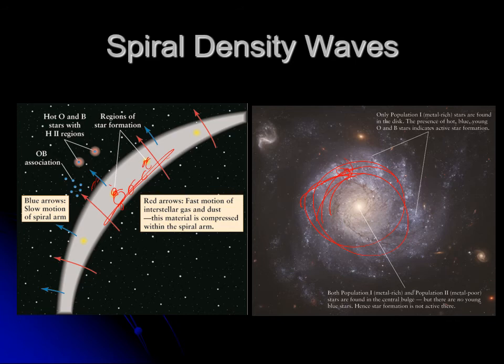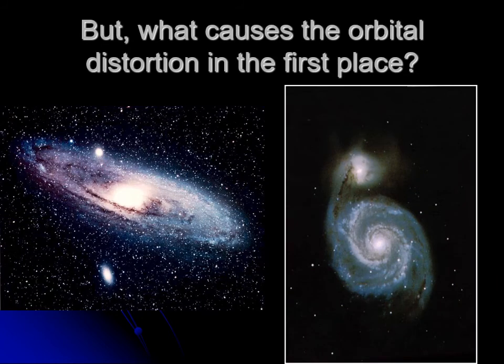In fact, the differential rotation is kind of what makes the spiral arms in the first place, is that the inner parts go around in less time, which means that you get more precession, which then starts the whole process of creating the spiral arms. And so that gives rise to density waves.